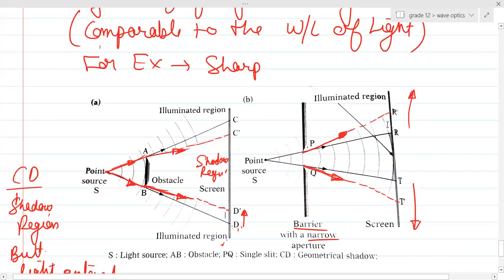So basically, this phenomenon is called what? They have mentioned everything like single slit, geometrical shadow, P, Q. Anyways, draw this. This phenomenon of bending is called what?